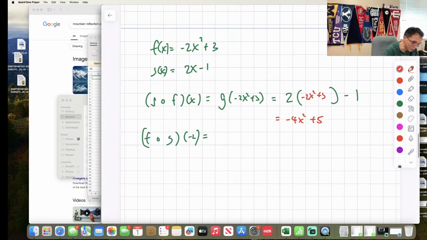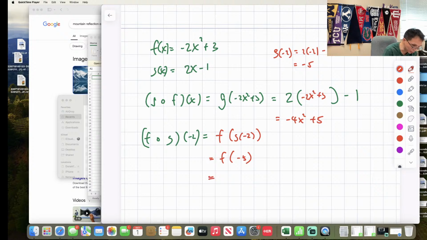Now, what is this one? This one's kind of interesting because we have f of g of negative 2. Can I find out what g of negative 2 is first? Yeah. What's g of negative 2? Well, I'm going to do it on the side. G of negative 2 is equal to 2 times negative 2 minus 1. So that's going to give you negative 5. So that's going to be f of negative 5.